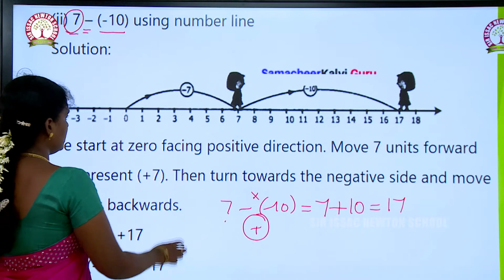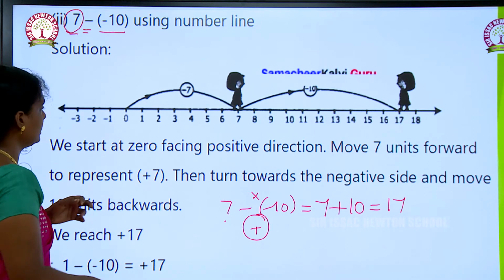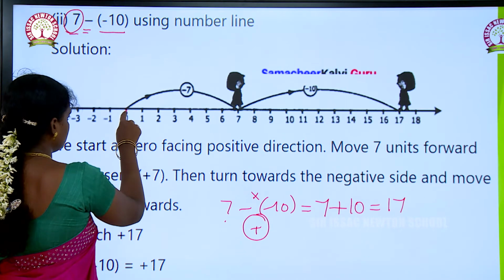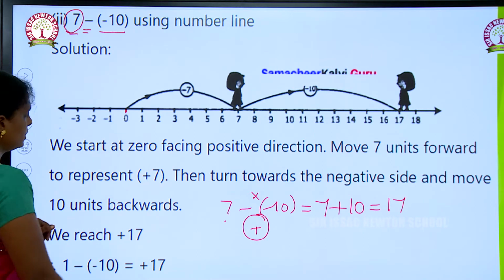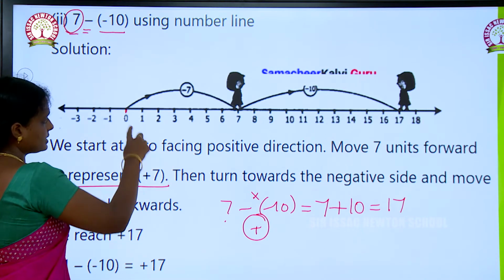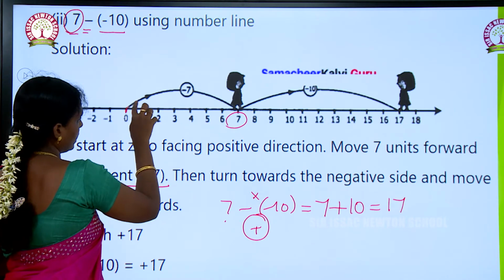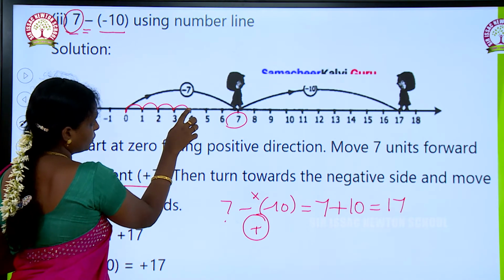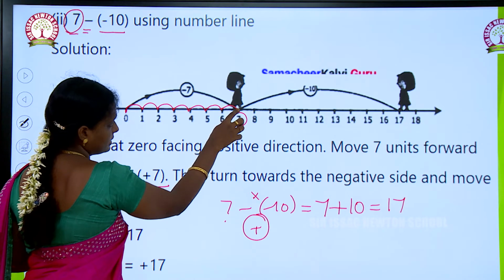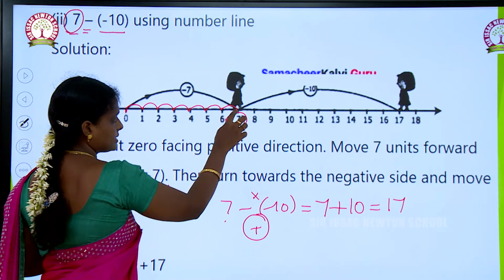See how to solve this using a number line. From 0, you have to move 7 steps to reach 7: 1, 2, 3, 4, 5, 6 and 7. So finally I have reached 7.